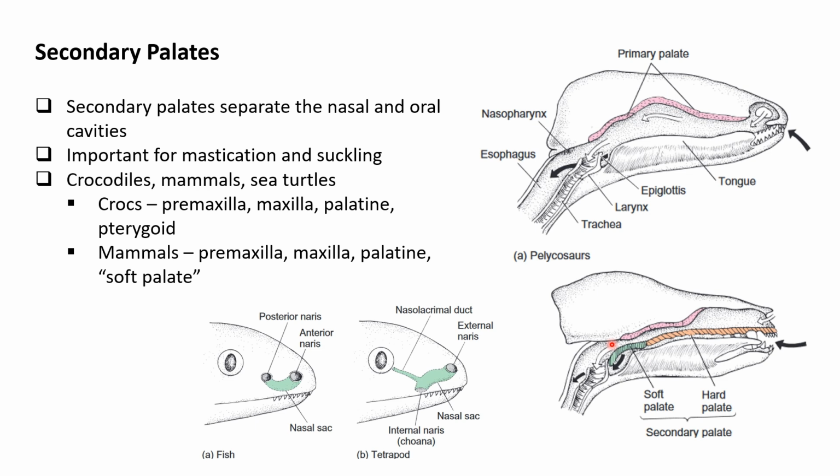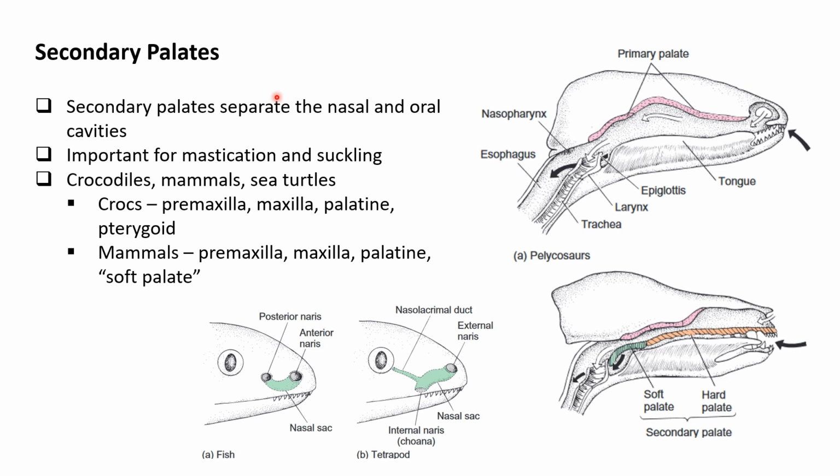And therefore, the air and food passageways are separated. This separation allows you to chew or masticate properly without interfering with the airflow. The hard palate also helps in building up a negative pressure inside the oral cavity for suckling newborns.